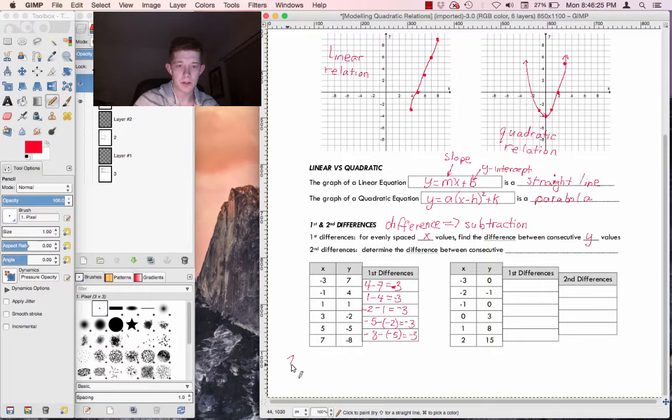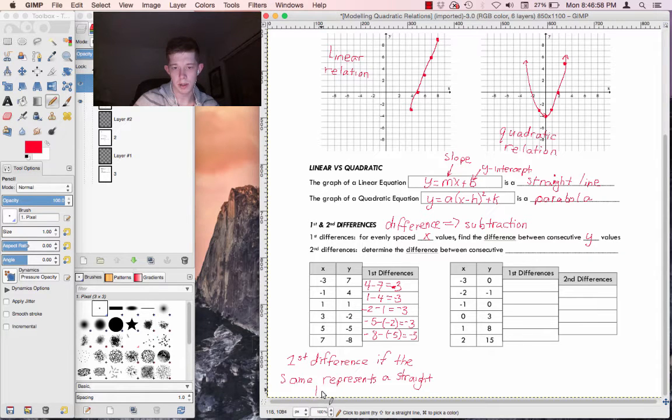So if the first difference is the same, it represents a straight line.